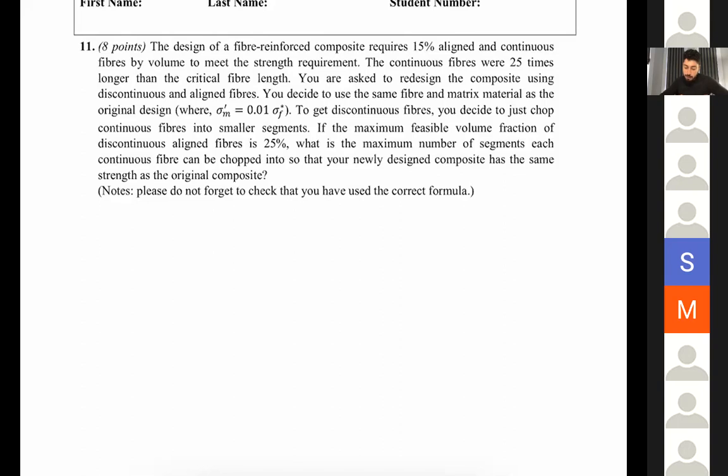To get discontinuous fibers, you decide to chop up the continuous fibers into smaller segments. If the maximum feasible volume fraction of the discontinuous aligned fibers is 25%, what is the maximum number of segments each continuous fiber can be chopped into so that your newly designed composite has the same strength as the original component? Note, please do not forget to check whether you have used the correct formula.